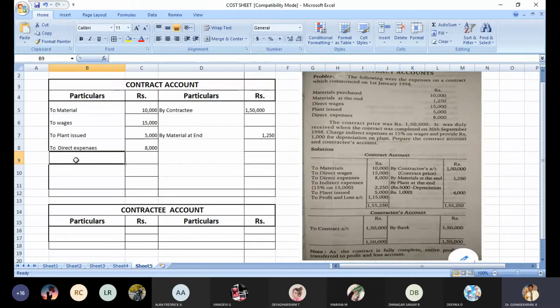Next one, 'to indirect expenses'. How much value? Value is not given. A percentage was given. How much? 15% on wages.